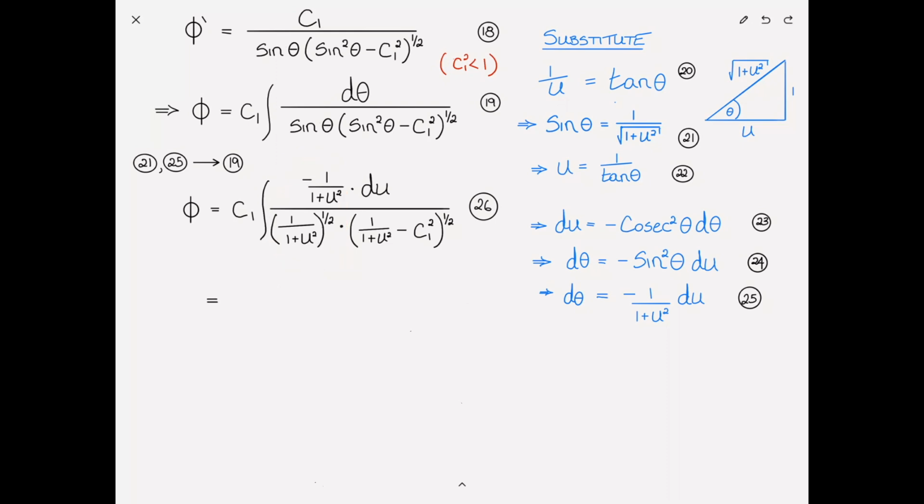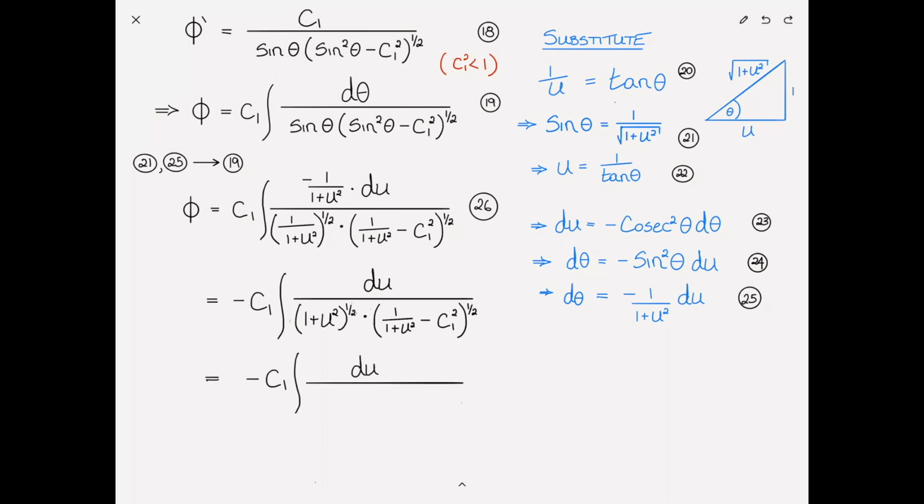First of all, I'll take the negative outside of the integral. I get negative c1 times the integral of du divided by, what this leaves me with in the denominator is 1 plus u squared to the power of 1/2 times the rest of it. And that is equal to minus c1 times the integral of du divided by, notice in the denominator that both of these are raised to the power of 1/2, so I can bring this all together in the same parentheses.